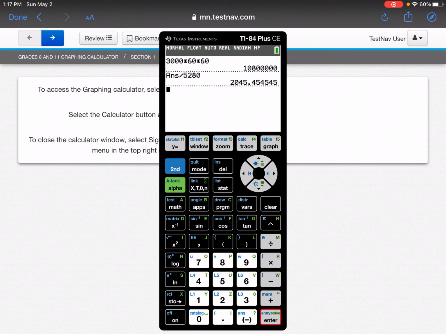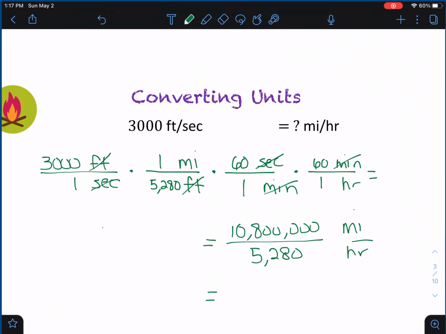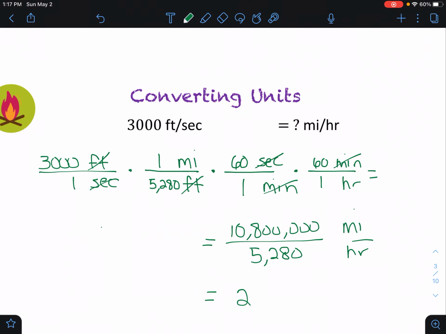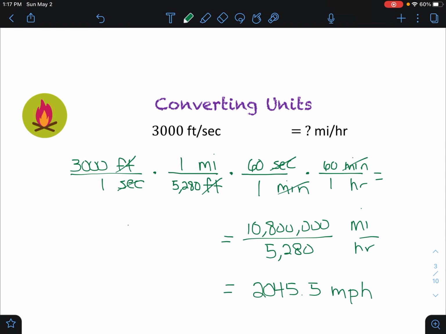Pretty fast, right? 2,045.5 miles per hour. So this is how we convert units, and this is a little more fancy one, but this happens in science a lot.